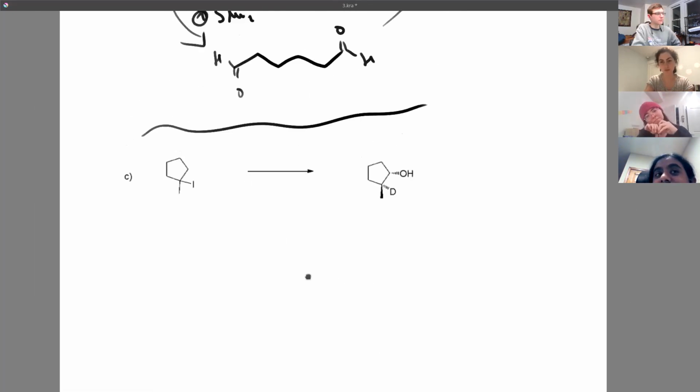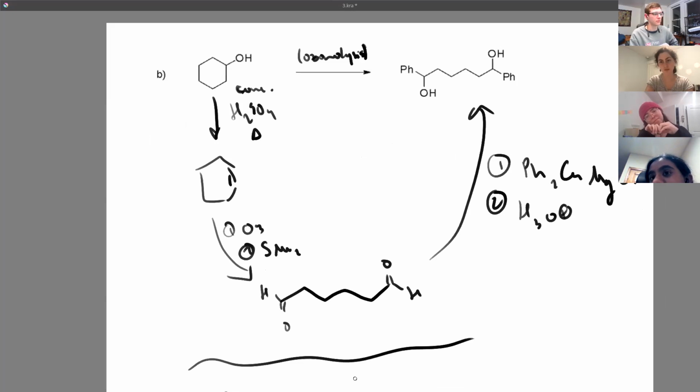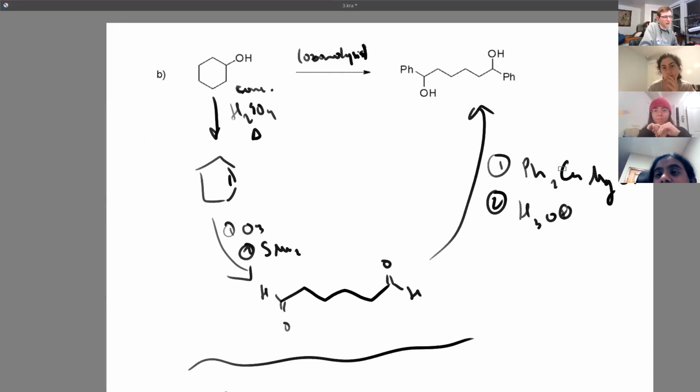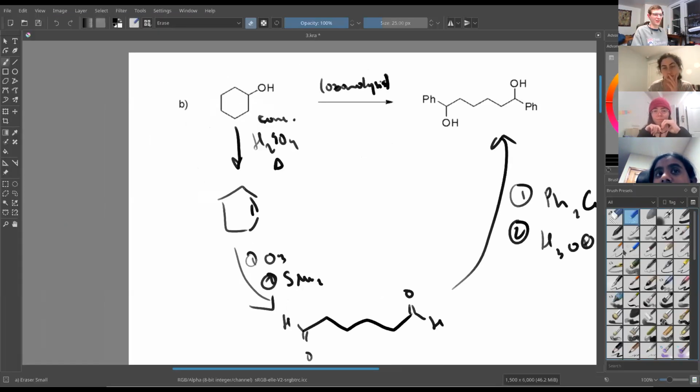Adam, for the last one, I thought cuprates couldn't react with aldehydes. Is that so? I thought they could, but you might be right on that. How about we use a... It's not letting me erase. Oh no, we might be stuck with a cuprate.